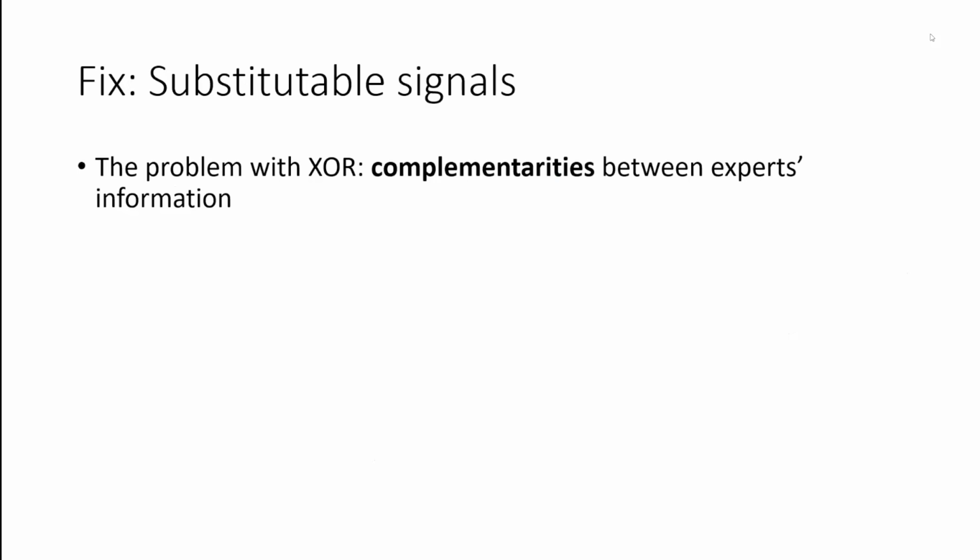Now, intuitively, the thing that's going poorly with the XOR example is that there are complementarities between the experts' information. So in particular, each expert's individual signal is completely worthless, but the 2 expert signals together are worth a lot.